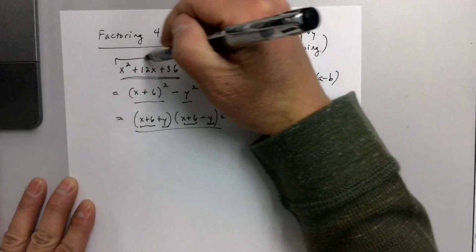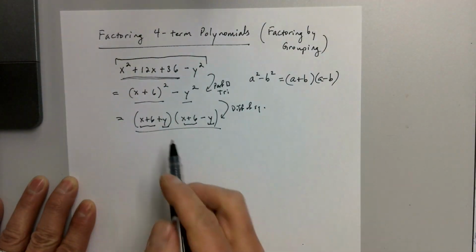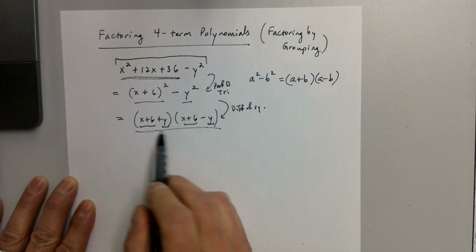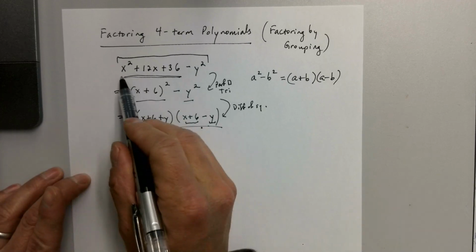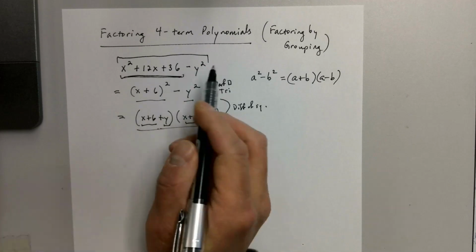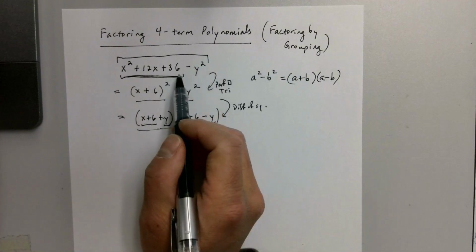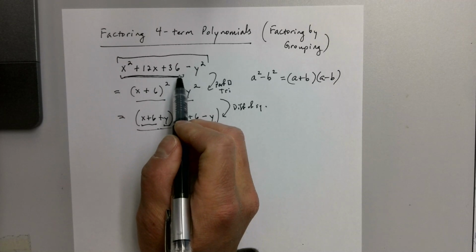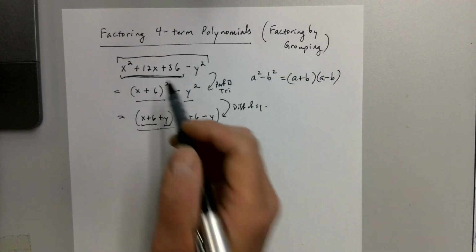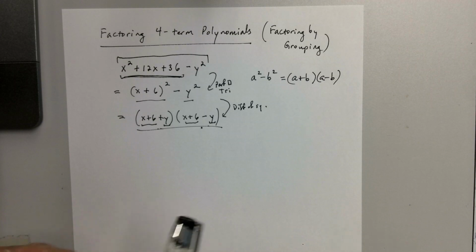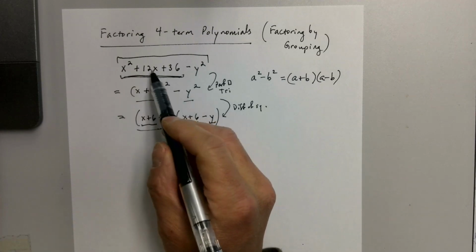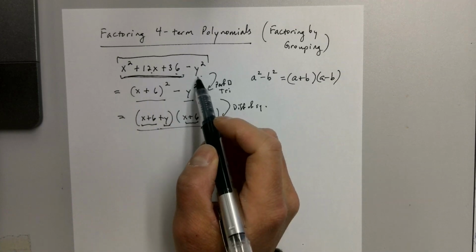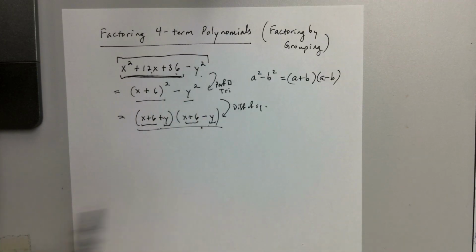We had a four-term polynomial, and we ended up with two factors, each of which had three terms. I also want you to remember that we looked for a pattern in part of that four-term polynomial. In this case, the first three terms made a familiar pattern. Sometimes in four-term polynomials, it will be the first three terms that make that pattern. Sometimes it'll be the second, third, and fourth term. And sometimes there will be no trinomial pattern at all.